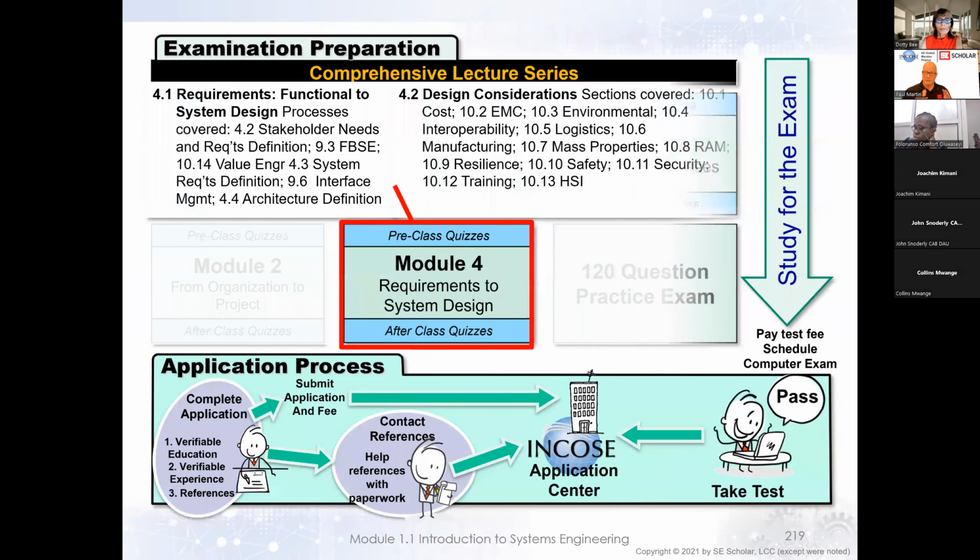So this week, you'll be watching videos that deal with actual requirements, taking it from a functional to system design. I spend several hours talking about requirements and what it means to look at stakeholder requirements, what it means to look at system requirements, and then eventually into design.